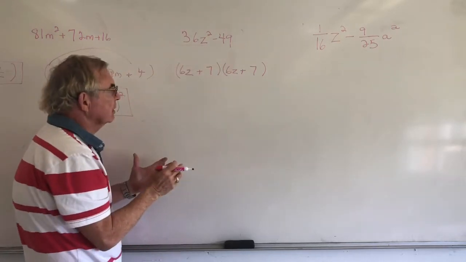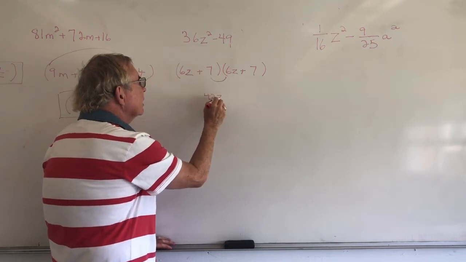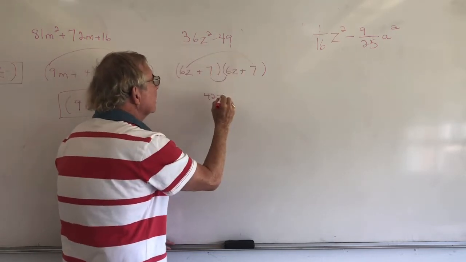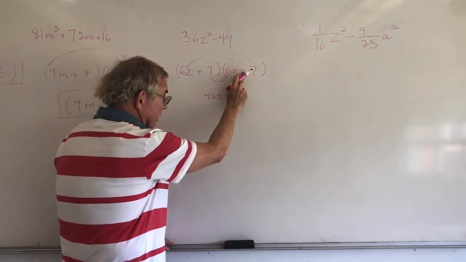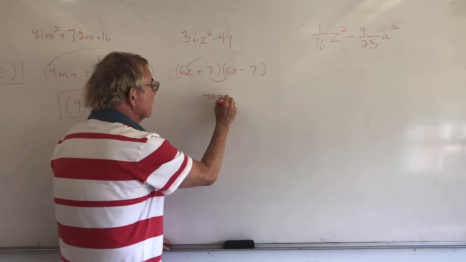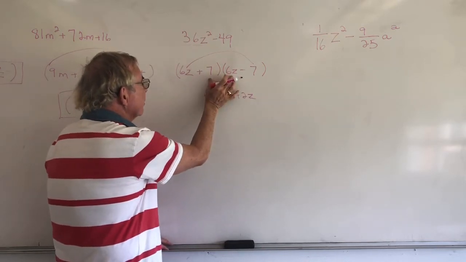Now let's see why this works. That gives you 42z. And that gives you 42. No, I'm sorry. One's plus and one's minus. One's minus, because you need a negative. One gives you negative 42z. So there's the 42z.